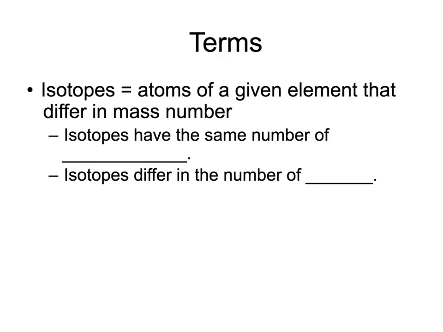Now remember from the first slide that not every atom of an element has the same number of neutrons. They can also change the number of electrons, but, for example, carbon always has 6 protons. That's what makes it a carbon atom.